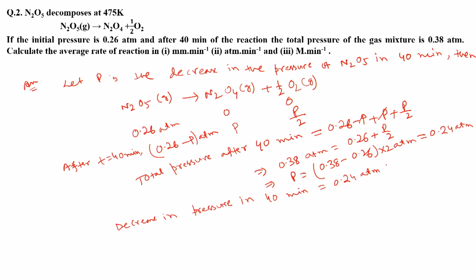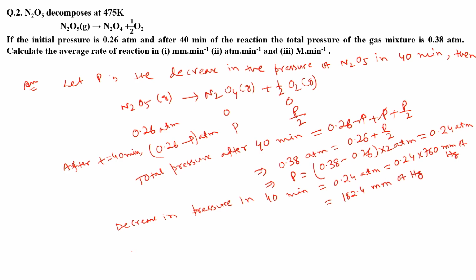If we convert into millimeter of mercury, so 0.24 times 760 mm of Hg, right. Okay. So we get 182.4 mm of Hg.